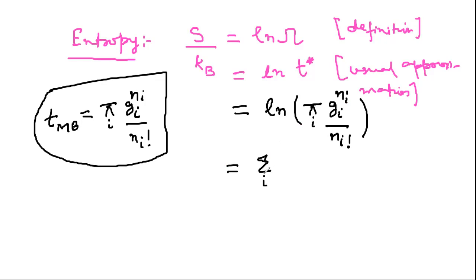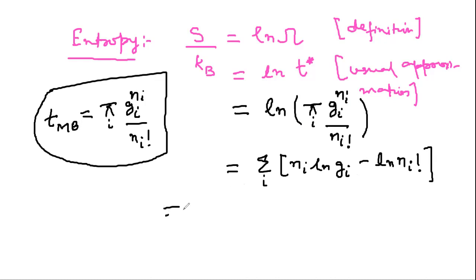We have discussed it many times. It is summation over i of n i ln g i minus ln n i factorial. We have applied the logarithm.